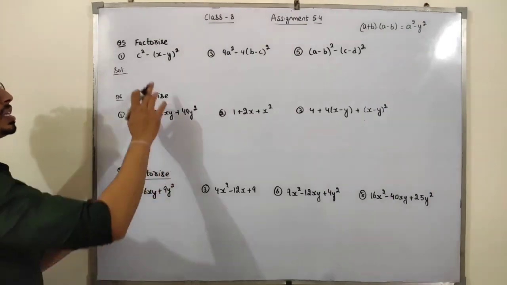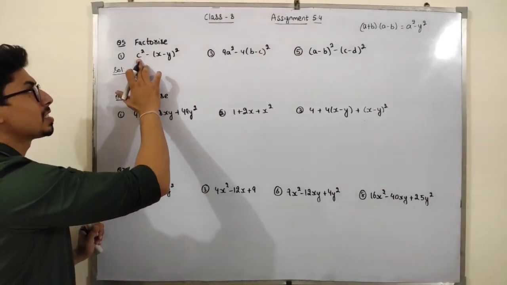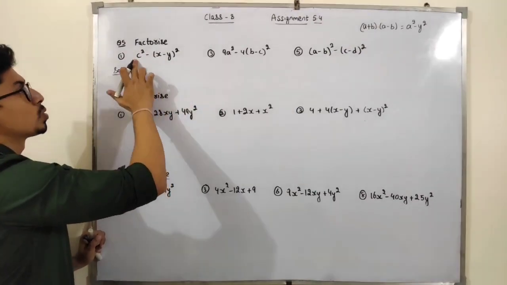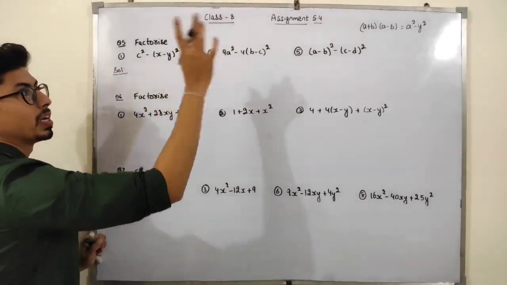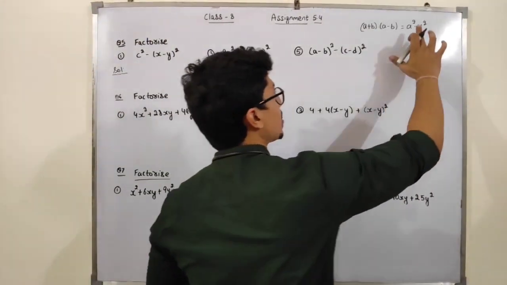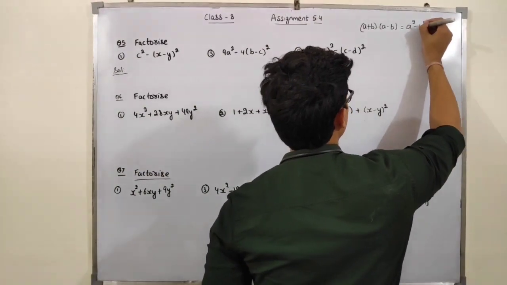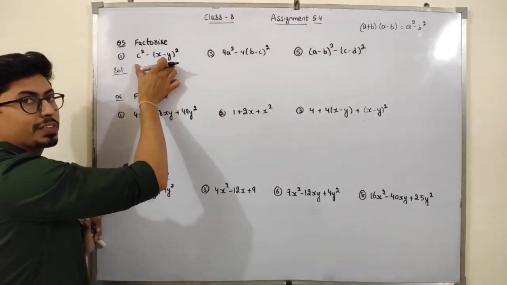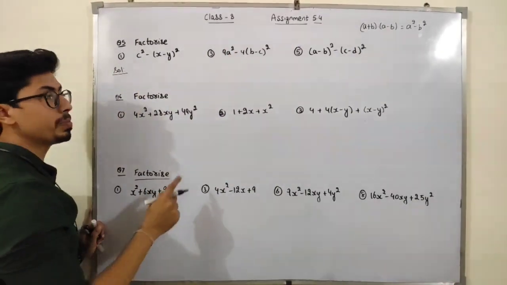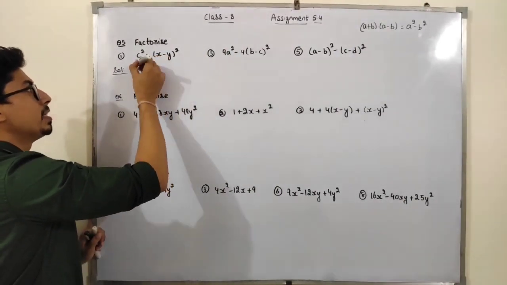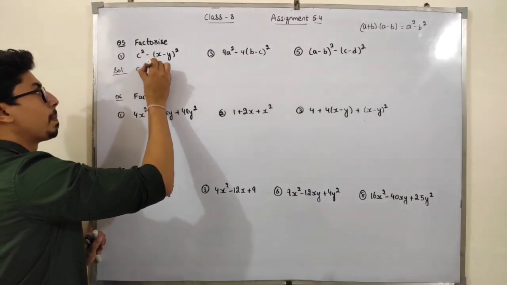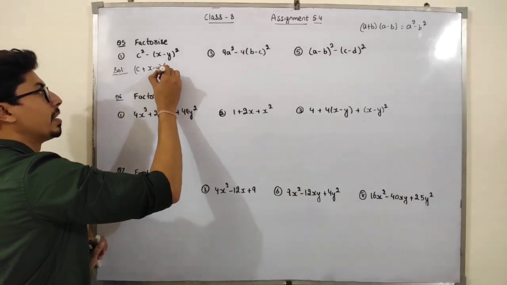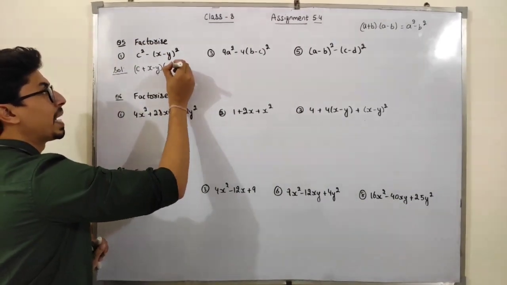Now see, if I take this as a, this as b, then it is a square minus b square. A square minus b square is given, so I can write a plus b and a minus b. This is a, this is b. So a plus b, and a minus.